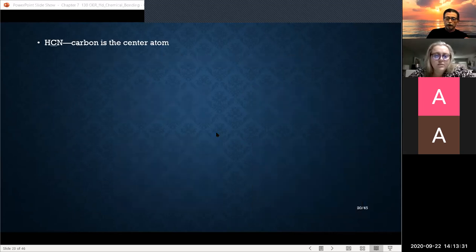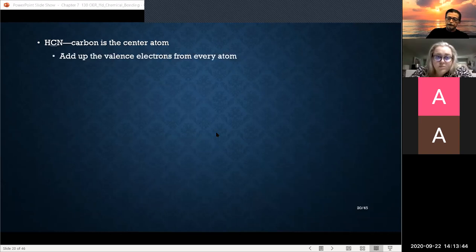All right. So HCN, hopefully you can see that, front and center. Carbon is the central atom. I just put this together, so it may not be in the PowerPoint slides that you have. I add up the valence electrons from every atom. Hydrogen brings in 1, carbon brings in 4, and nitrogen brings in 5.